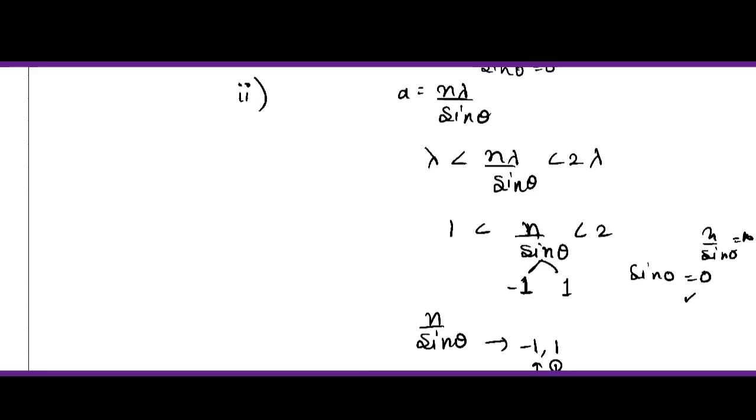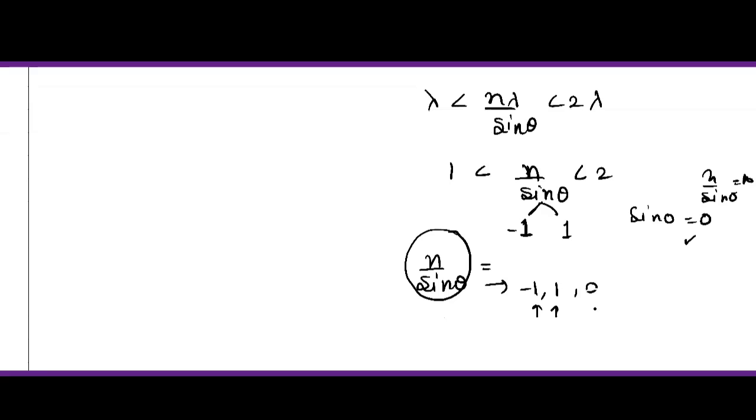So this n by sin theta term can have -1, 1 and 0 as values, and it can be 0 if n equals 0. If we take n equals 0, then we have maxima at the center.